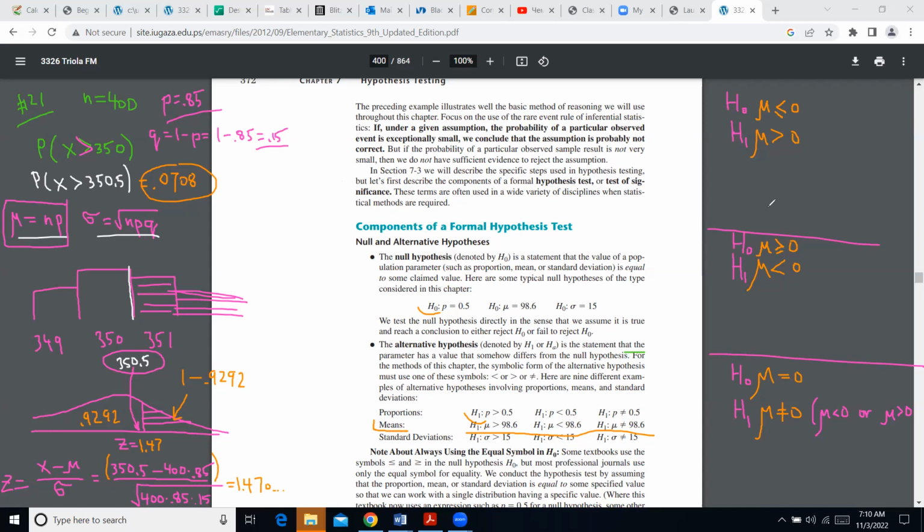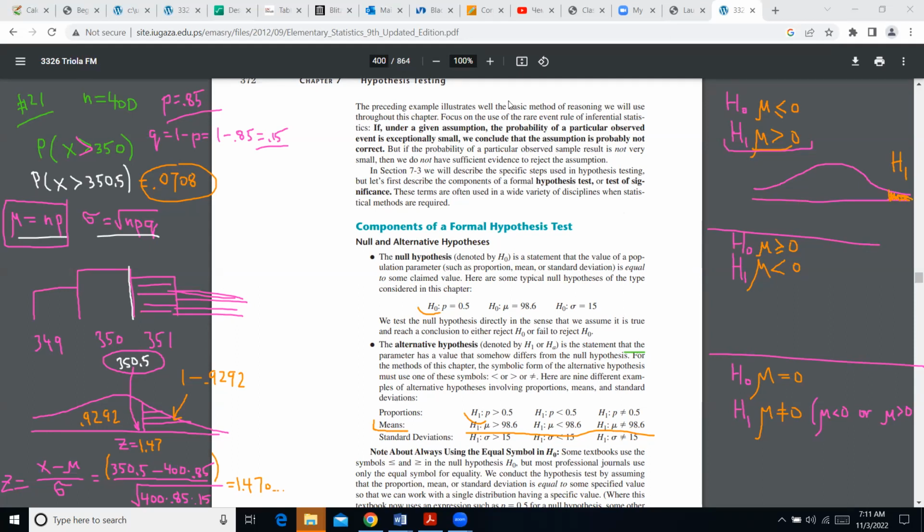the picture for each of these will be related to H index 1. So we always make a picture for the so-called alternative hypothesis. The picture of H1 will be on the right side for the first case, because it's greater than 0, somewhere on the right.